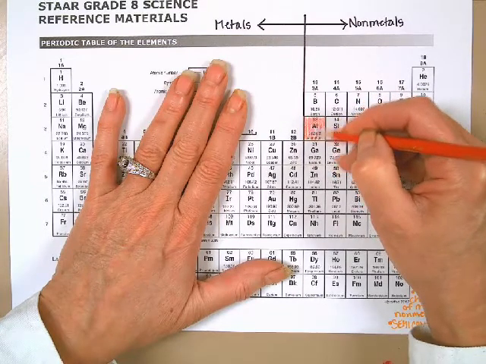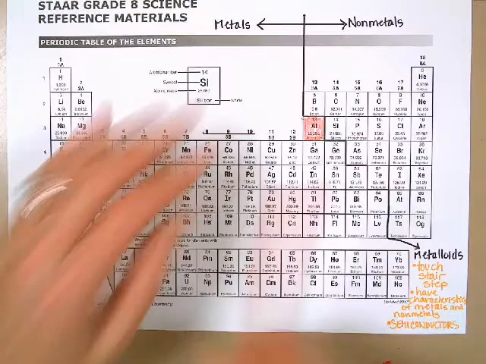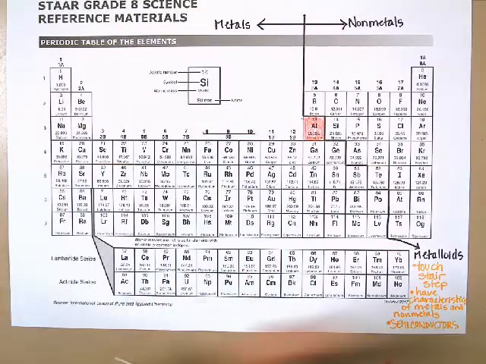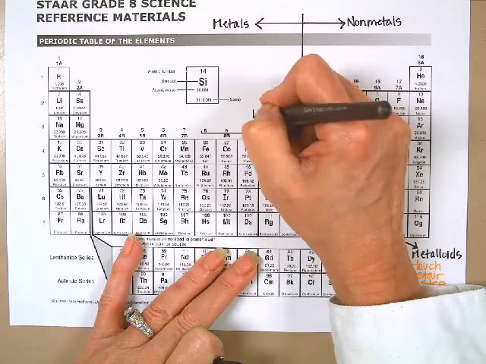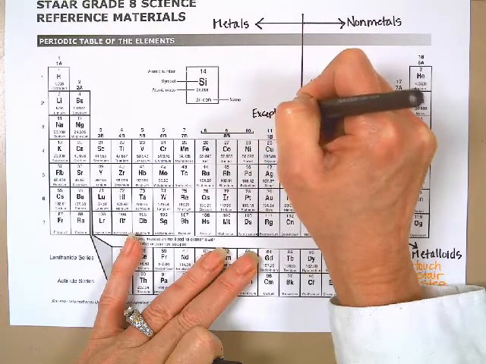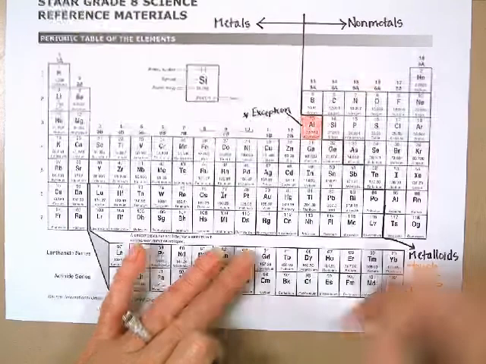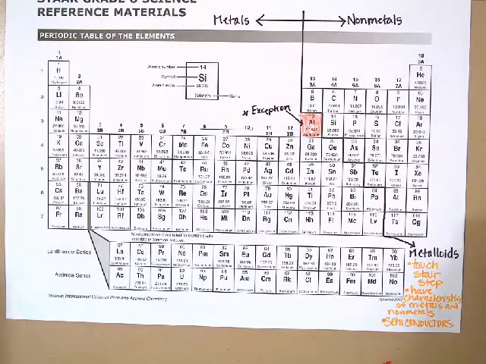It is a metal. And since we all know aluminum is a metal, that makes it easy to remember. So we're just going to make a little star here that this is an exception. Aluminum touches the stair step, but it is not a metalloid.